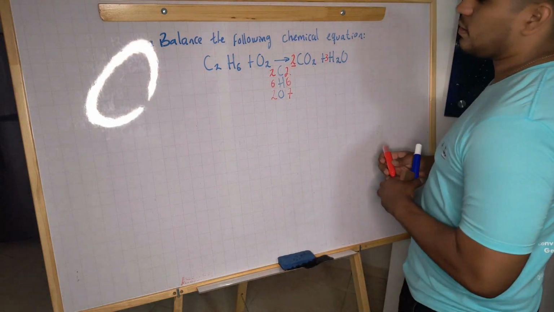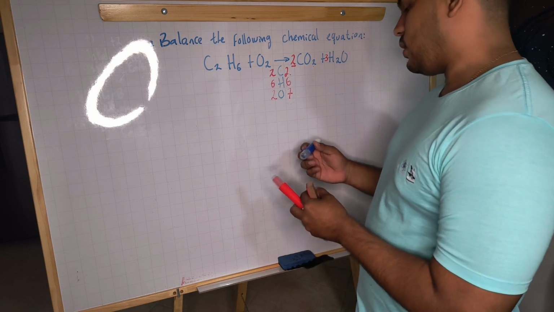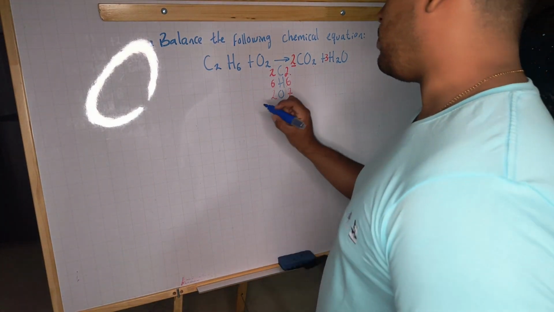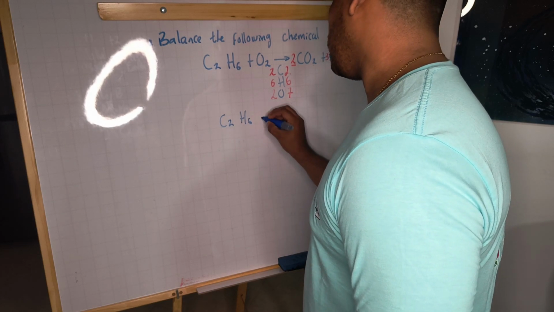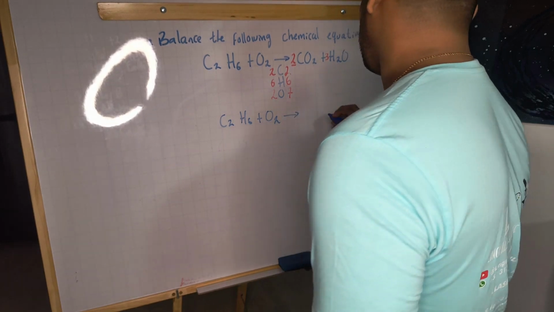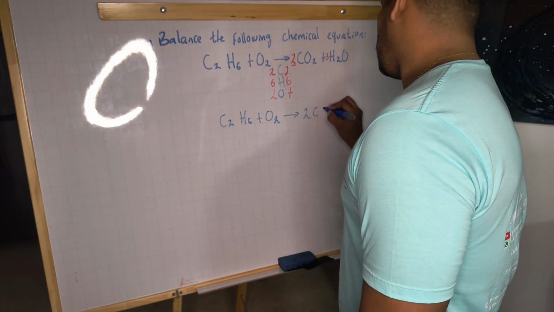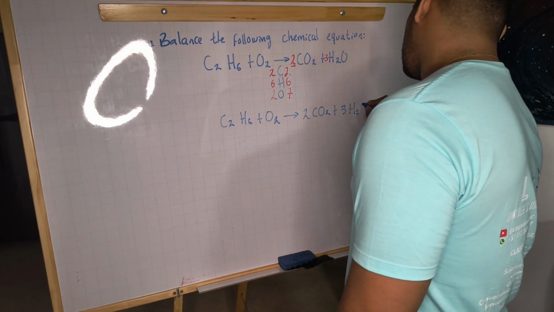And how is that? So here we have a general problem. In this case, my advice is that you write the equation: C₂H₆ plus molecular oxygen will give me 2 CO₂ plus 3 H₂O.